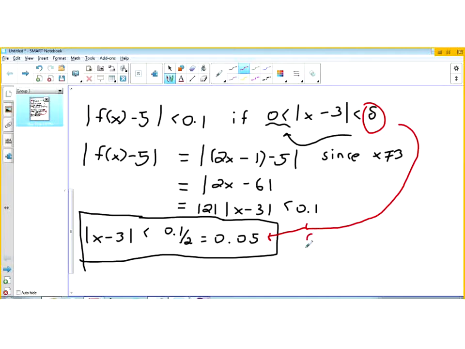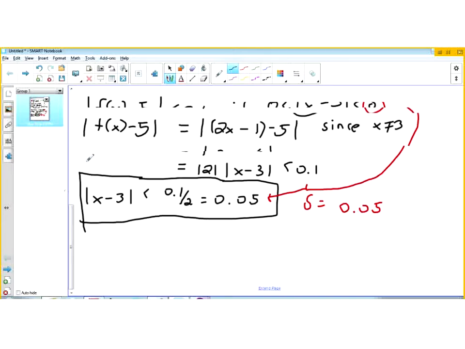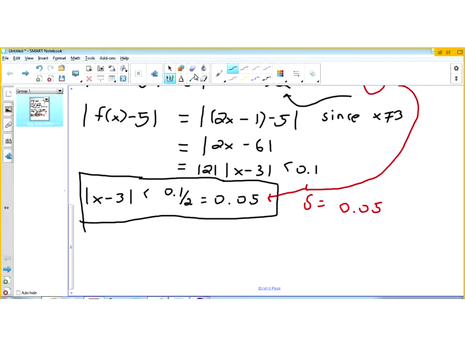So our choice for delta is 0.05. Okay. All right. So we have a conclusion here.